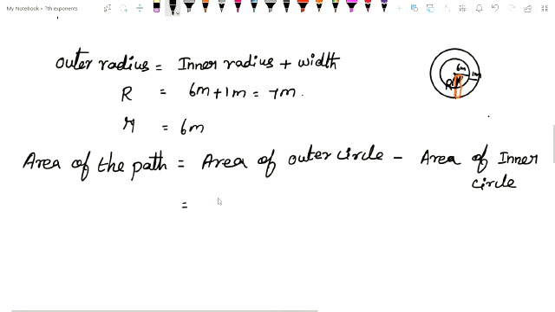Area of outer circle is pi R square minus pi r square.